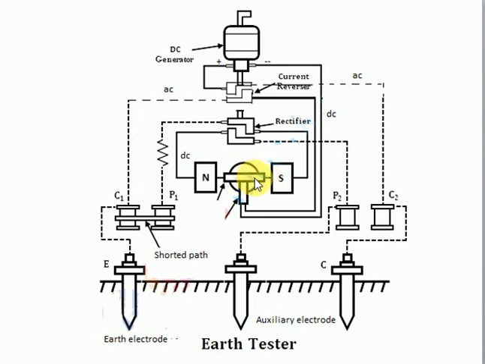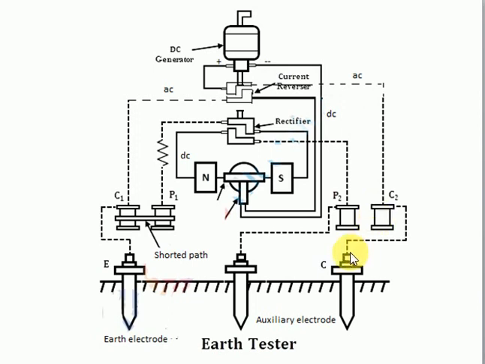Now here we can see the electrodes. Actually it has four terminals, and these two terminals C1 and P1 are shorted and C2 and P2 are open.